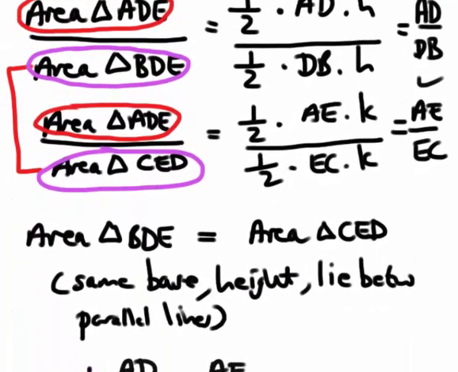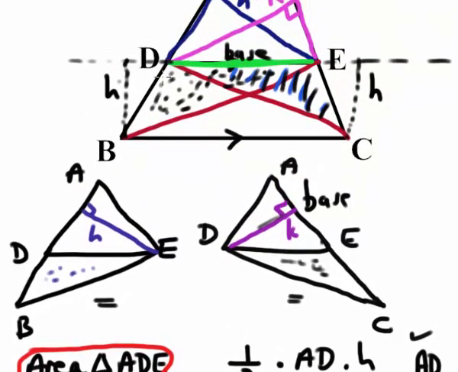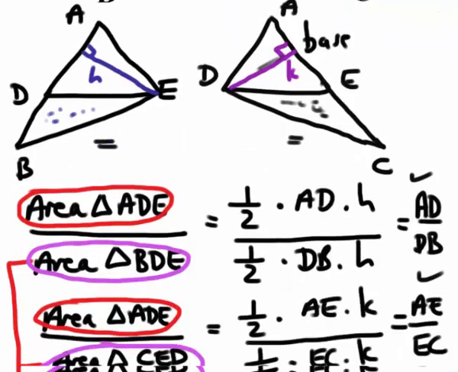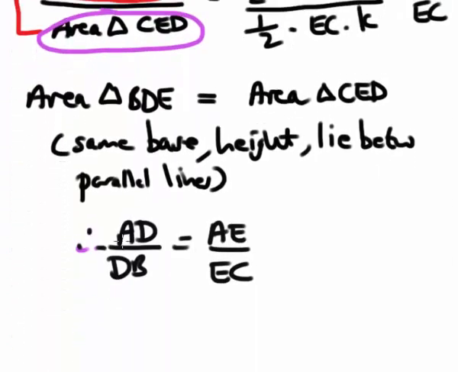But we know that the area of triangle BDE and this other triangle's area are the same because they have the same base, the same perpendicular heights, and they lie between parallel lines. And therefore we've got it. We've then proved the proportionality theorem.